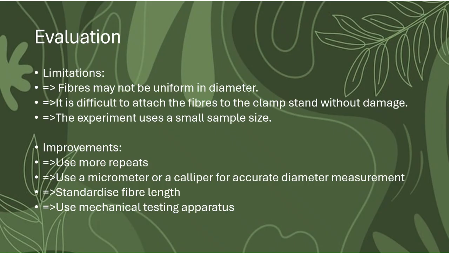You can also standardize the fiber length, another control variable you can consider, and use a mechanical testing apparatus as well. For example, you can use a newton meter to record the weight it takes for the fiber to snap.